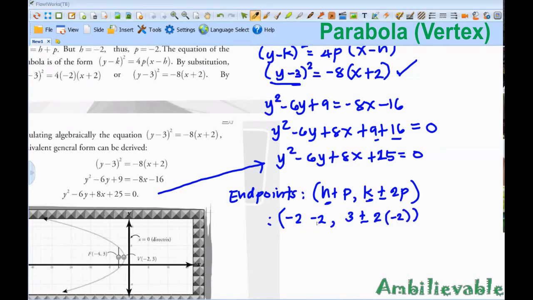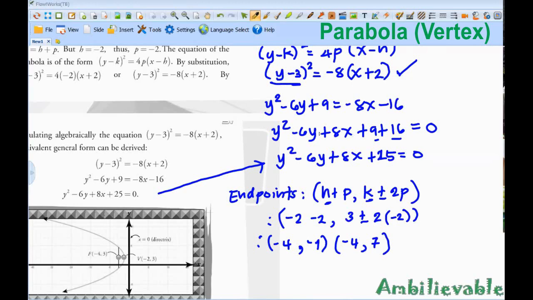So therefore, -2 minus 2, the endpoints are -4, and 3 plus -4 is -1. And also -4, and 3 minus -4, it will become 3 plus 4, which is 7.